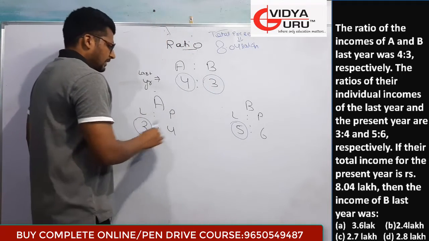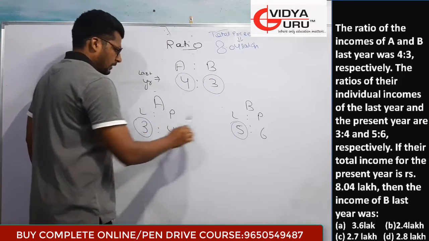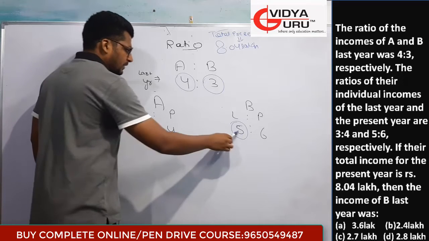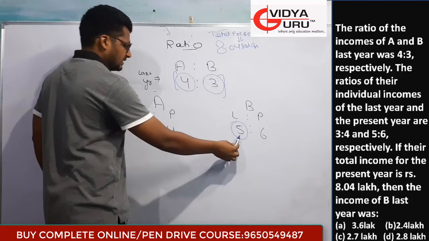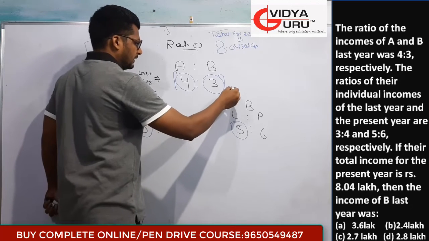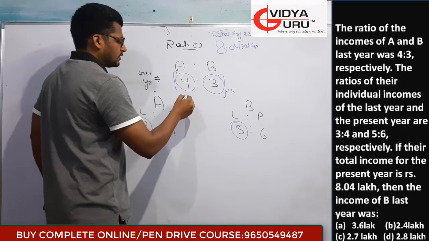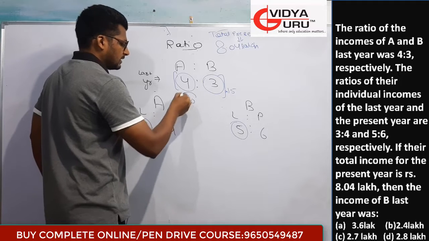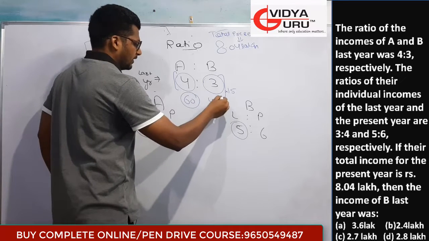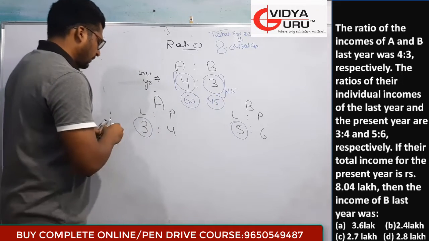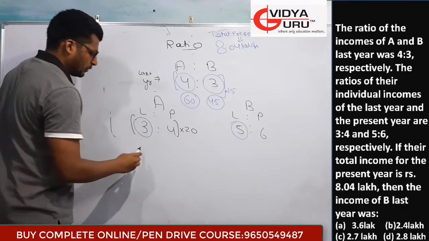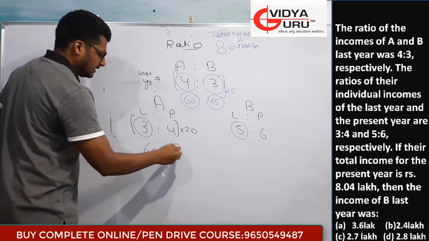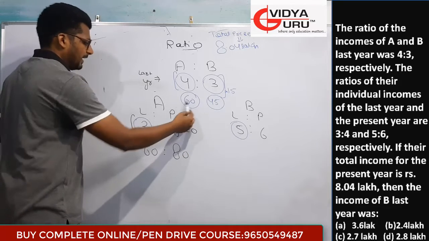To balance it, I will take the LCM of these two and multiply. What is the LCM of 3 and 5? 15. We will multiply this ratio by 15, it will become 60 and 45. Now I have to make this value 60, so I will multiply by 20, it will become 60 and 80. Now I have balanced it.